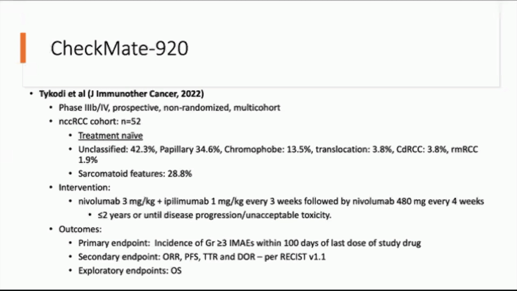The interventions consisted of ipi-nivo combination therapy followed by maintenance nivo. And the primary endpoint was the incidence of serious immune-mediated adverse events, and the secondary endpoints focused on the treatment efficacy.